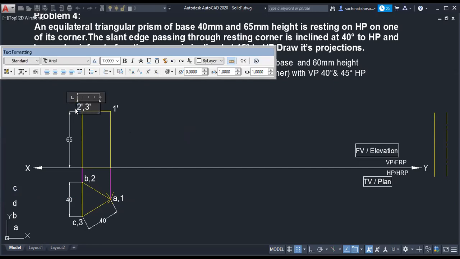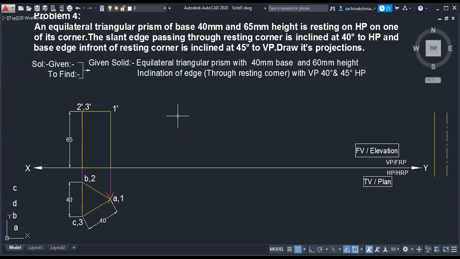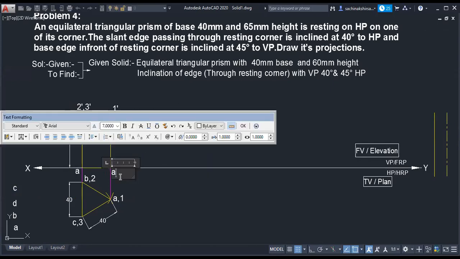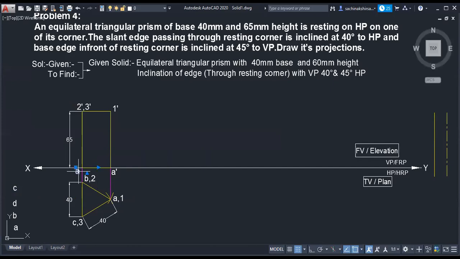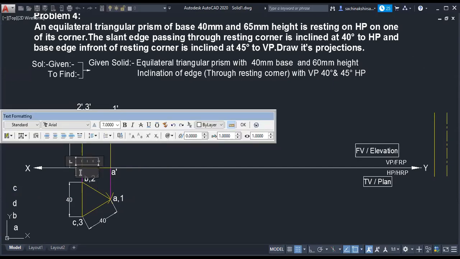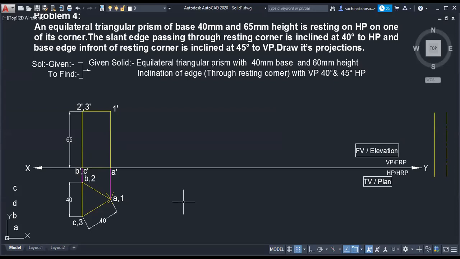For the base also, we have to give names. Which will be the names? A dash, B dash and C dash. Here there will be A dash, here B dash and C dash. These names also we have to give here.